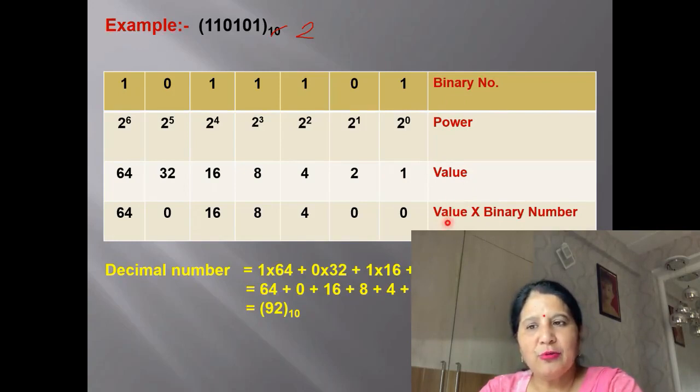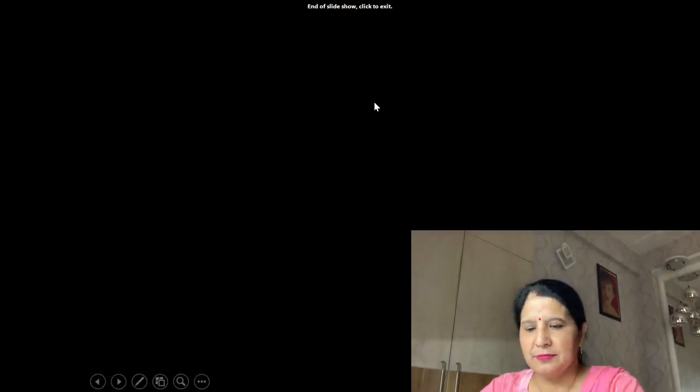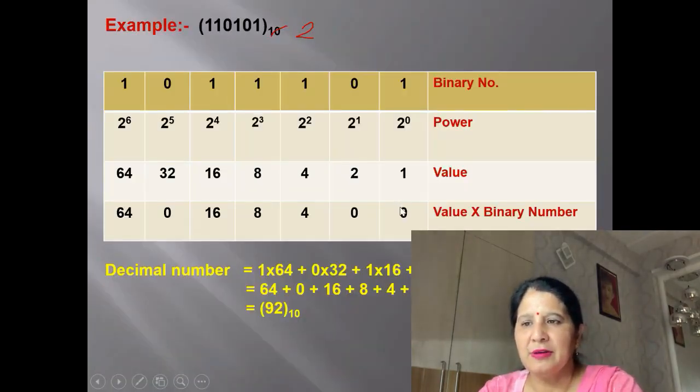Now in the same way, value multiply binary number, which I have written here. 1 multiply 1 became 1. By mistake we have made one mistake here.